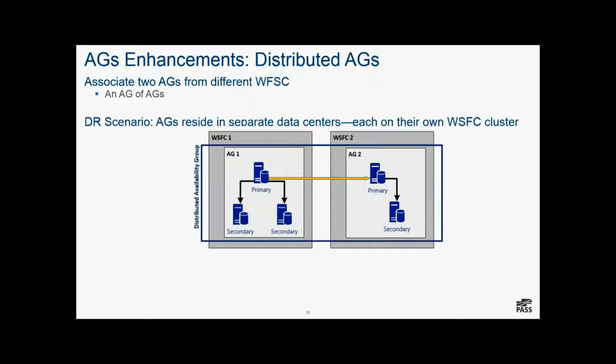Oh, by the way, a byproduct of this implementation of distributed AGs is that the primary in the second AG becomes read-only. Very interesting. So basically, just like in a standard AG, only one database can be written to. Others can be read-only, but the primary in a distributed AG can be written to. The secondary AG's primary can't be written to.